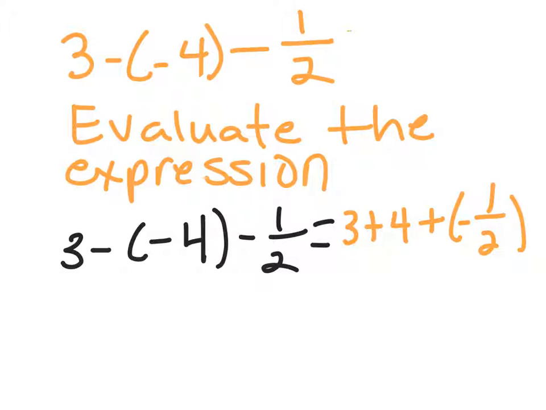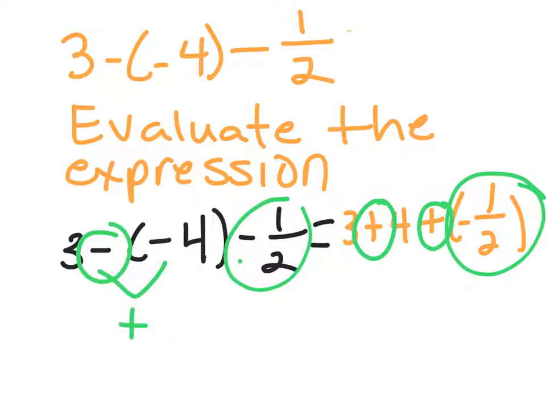Okay, so I fixed my error. So we can rewrite 3 minus negative 4 minus 1/2 by adding the opposite. Instead of 3 minus, we change that to a plus. We have two negatives there. We're going to add the plus sign here, and then we have the negative right there.